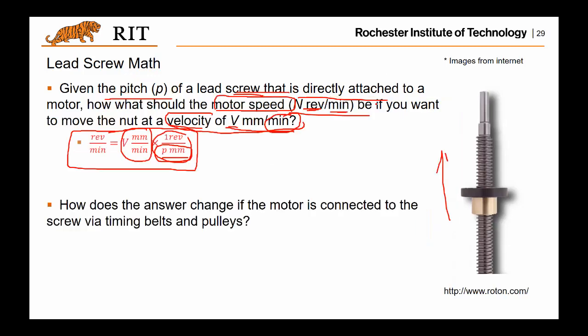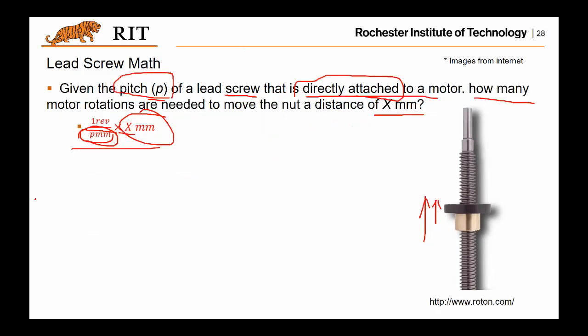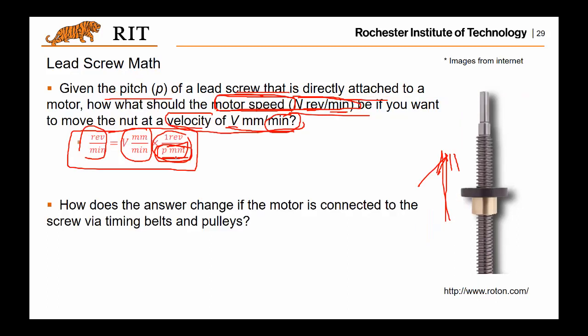Here, what you know is the linear velocity along this direction, and what you want to figure out is the motor speed, that is the revolutions per minute of the motor. Again, over this pitch, you will come up with the revolutions per minute. So same thing, you divide by the pitch, and then you will have the result.